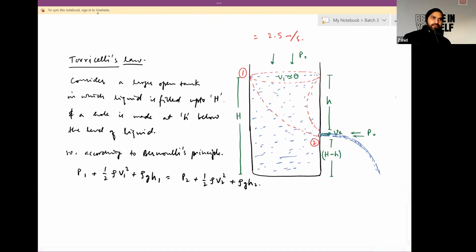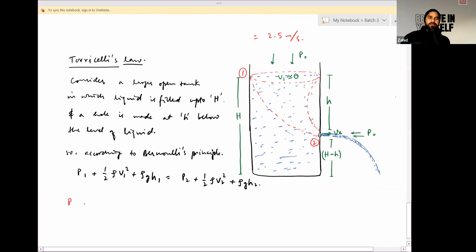Now, if you put all the values related to this term, P1 will be atmospheric pressure since it is directly exposed to air. V1 is almost zero, so it will be zero. Rho g H1 is capital H. P2 is also atmospheric pressure. Half rho V2 squared, where V2 is the velocity of liquid ejecting out from this hole, which is Ve. And rho g H2, that is height of this hole, H minus h.